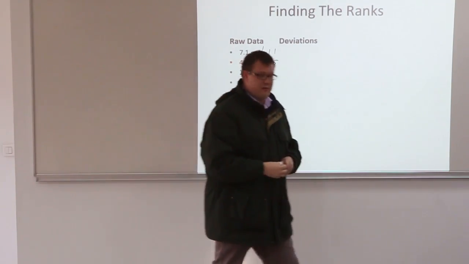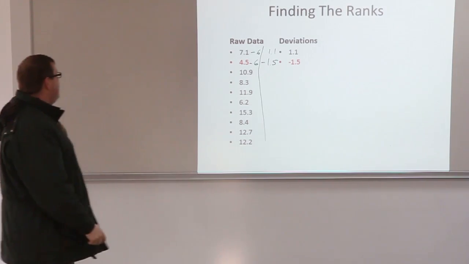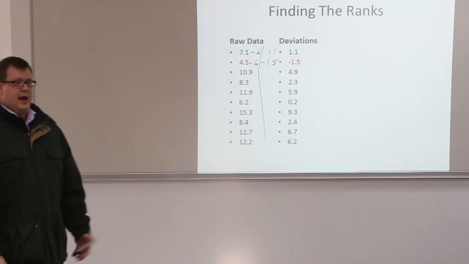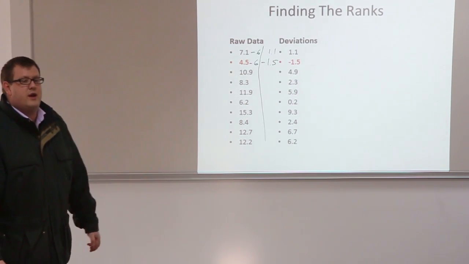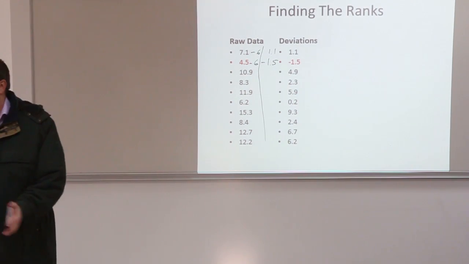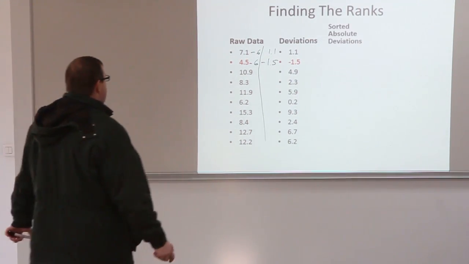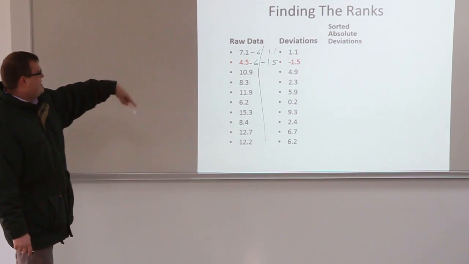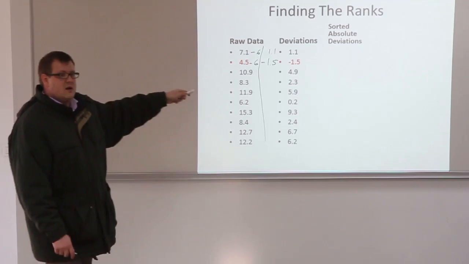And so on and so forth, right? So there we go, 1.1. Negative 1.5. Sweet. And we have the rest. Okay. So now I sorted things. You could have sorted things earlier if you wanted to. It doesn't matter if you sort before you find the deviations or after you find the deviations. Whatever. Okay, so I didn't just sort the deviations, I sorted the absolute deviations, right?